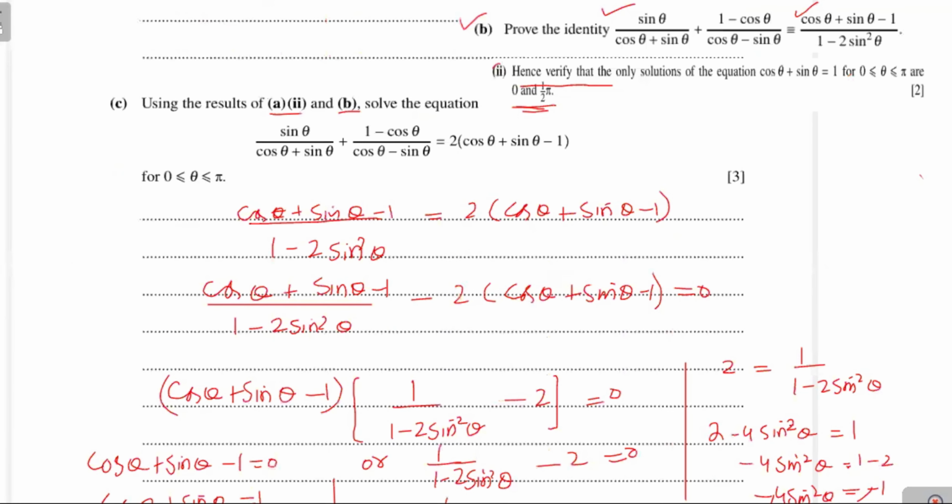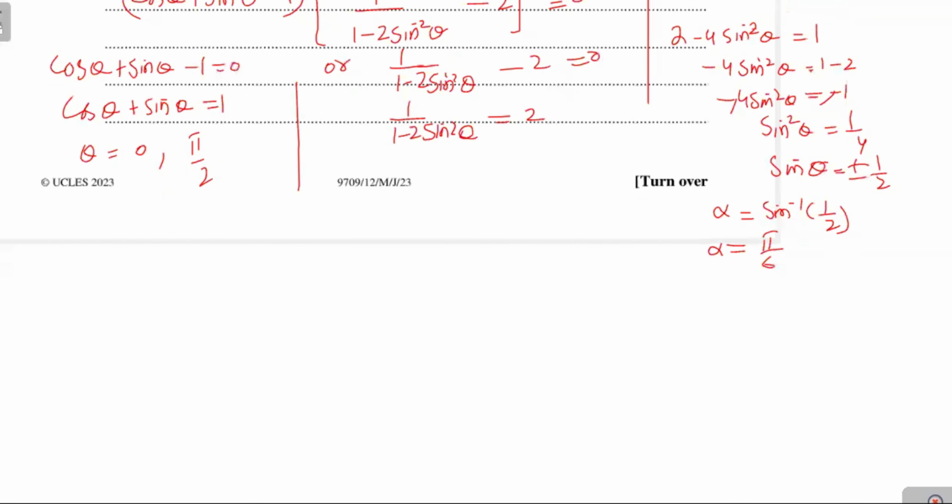The value of theta is in the range of 0 to pi, therefore the value lies in first and second quadrant, and in the first quadrant theta will be equal to alpha, and in the second quadrant theta equal to pi minus alpha.